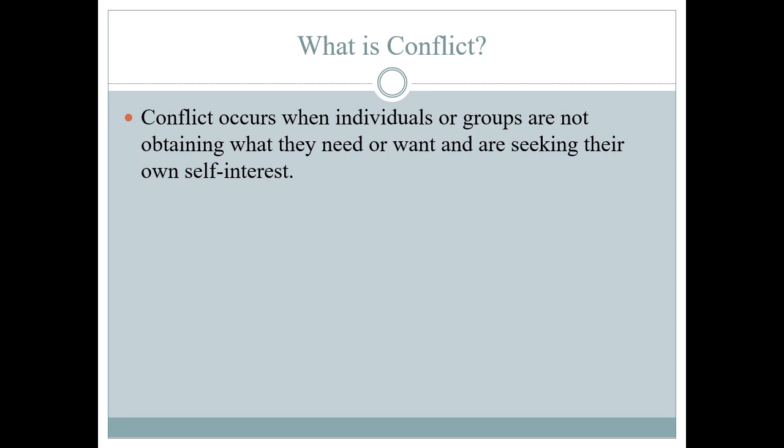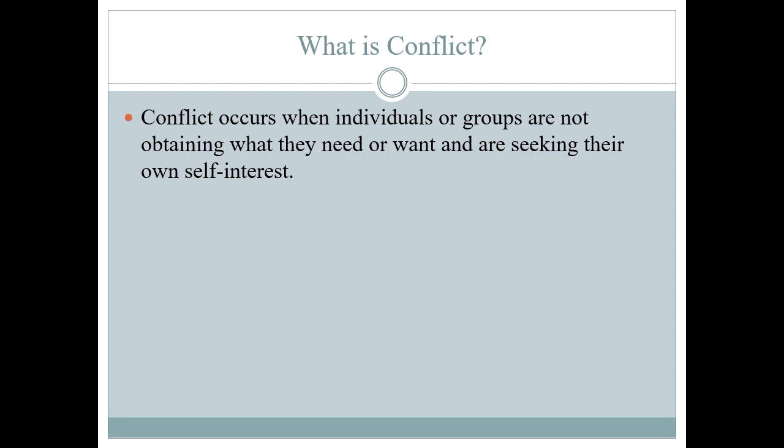Conflict is quite natural in all walks of daily life, both at the workplace and at home. But here we will be focusing on conflict in organizations, or conflict within as well as outside the businesses.